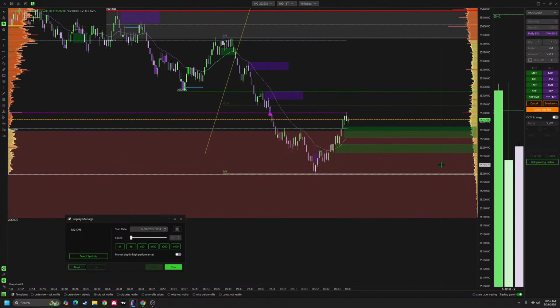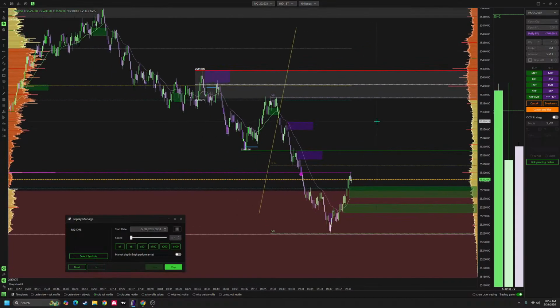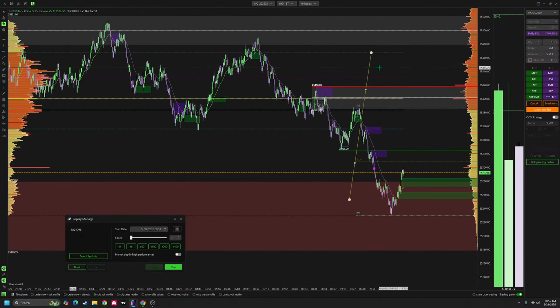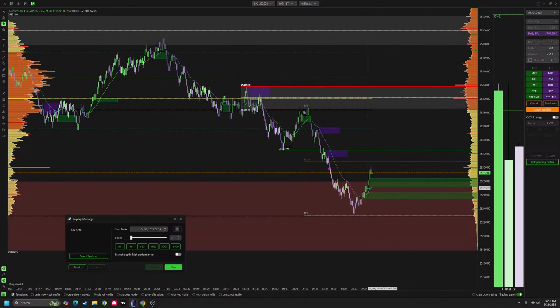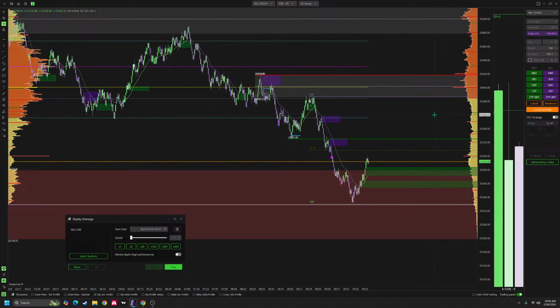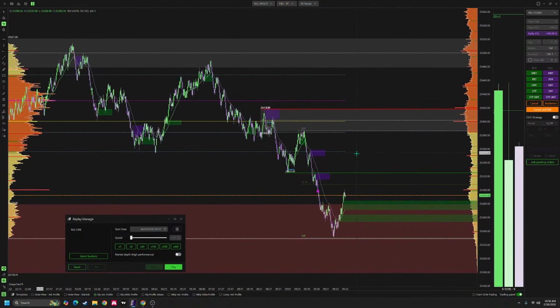So now I saw exactly what I wanted to see happen based off my pre-market analysis. All right, and now we're gonna try to hold this position for a while. So it's NQ, and where do I think it's gonna go?